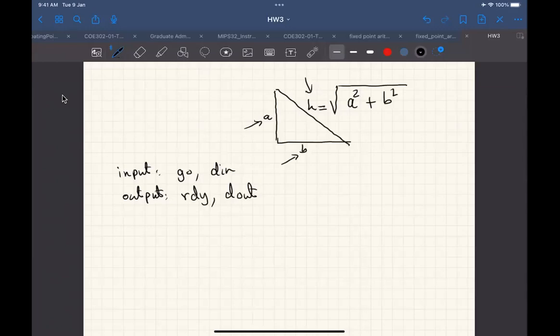Fine. Now, step number 1, what do I do? I set ready to 0. Because in one of the previous classes, I told you that ready serves 2 purposes. One purpose is that the data is ready, that's the normal purpose that we are aware of. The other purpose is to tell you that the circuit is ready to consume your input.